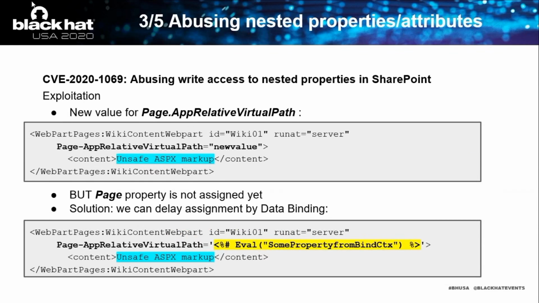Let's try to craft such a payload. The first snippet fails, because when the ASPX parser tries to assign a new value to our AppRelativeVirtualPath, the page property of our control is not defined yet. So we need to delay this assignment a little bit. This can be done using data binding. So by the time the property is bound, the page property will already be defined.